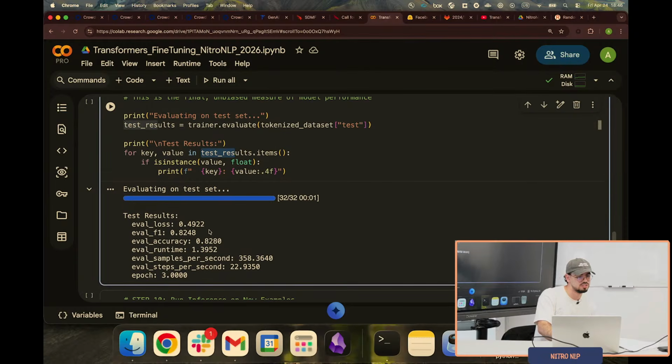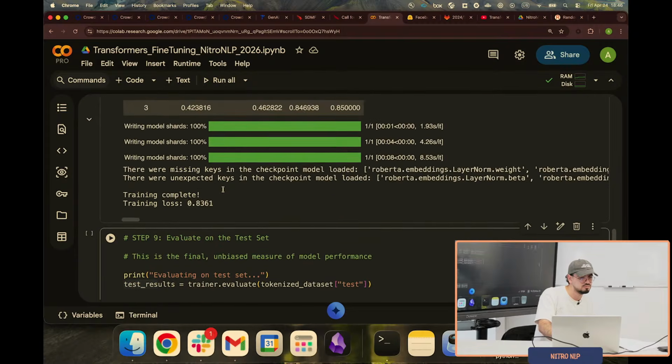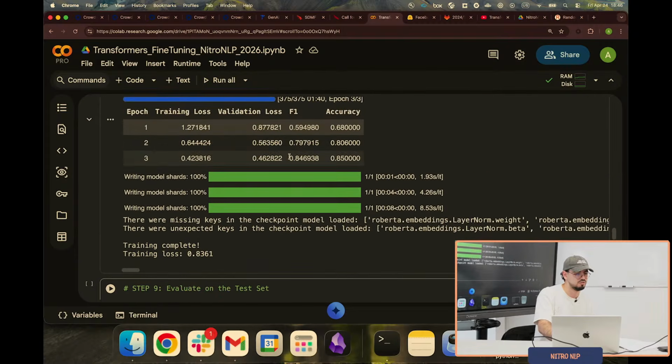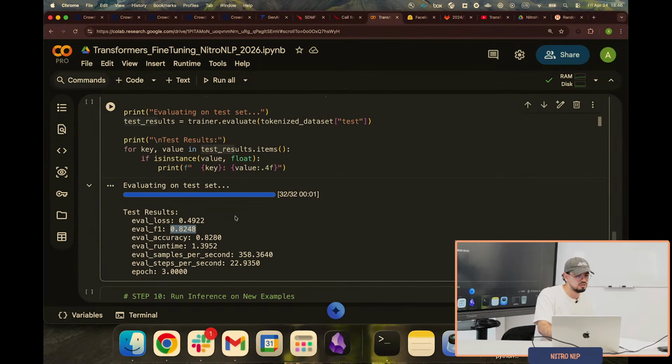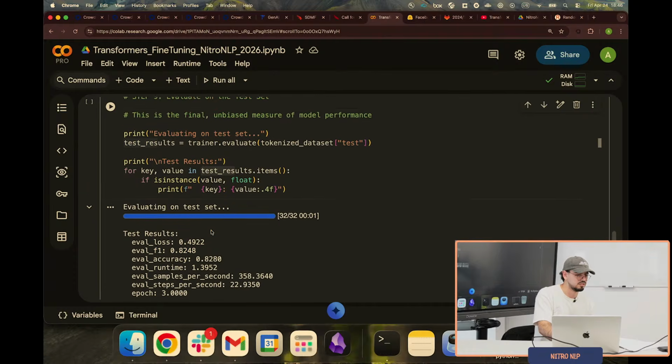The performance on the test would be that the F1 is slightly lower than the F1 of the validation, and the accuracy is slightly lower as well. So on unseen data, you would expect slightly lower performance, but you can see that it works as well. So it's better than the baseline.